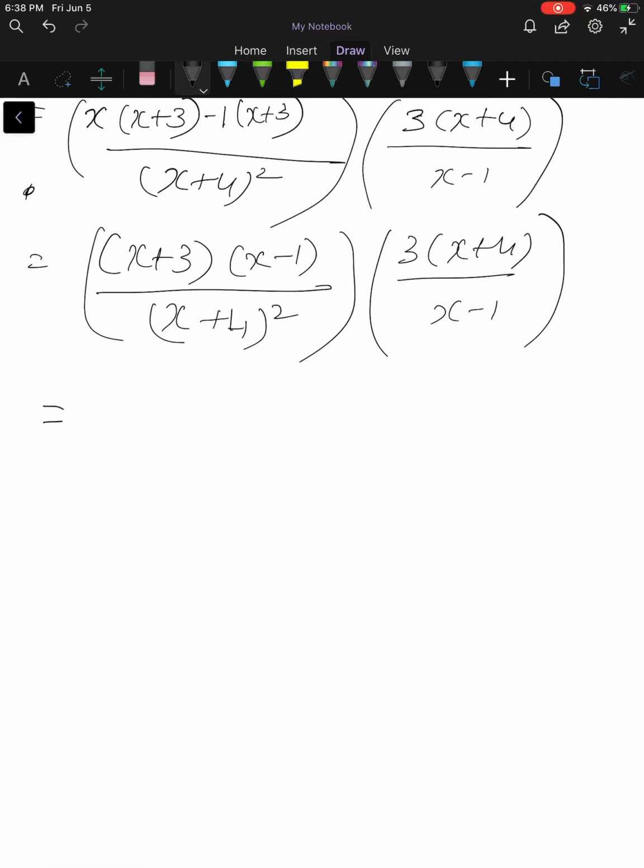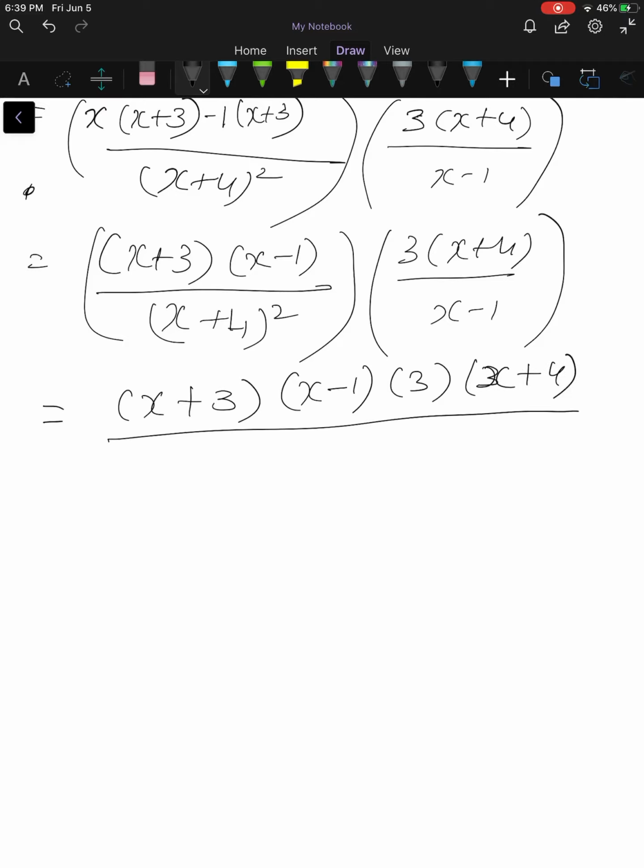That would give us, multiply all the terms in the numerator, x plus 3 times x minus 1 times 3 times x plus 4 divided by x plus 4 the whole square times x minus 1.